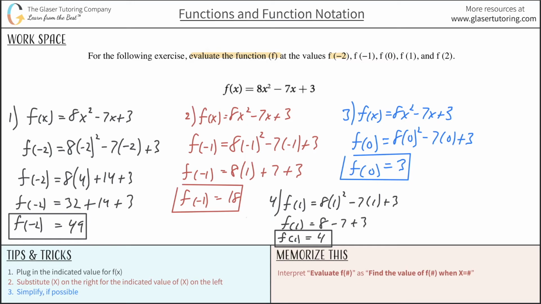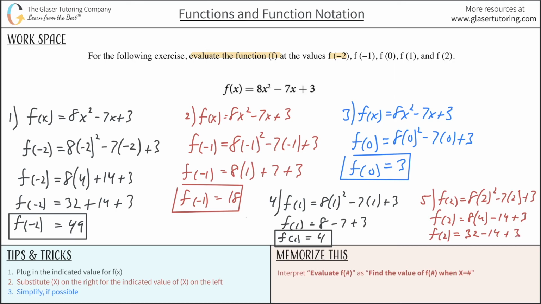Great. Then we'll do the same thing for number 5. Now we're going to do f of 2. It's 8 multiplied by 2 squared minus 7 times 2 plus 3. So now here's f of 2. This is going to be 8 times 4 minus 14 plus 3, which simplifies down to 32 minus 14 plus 3.